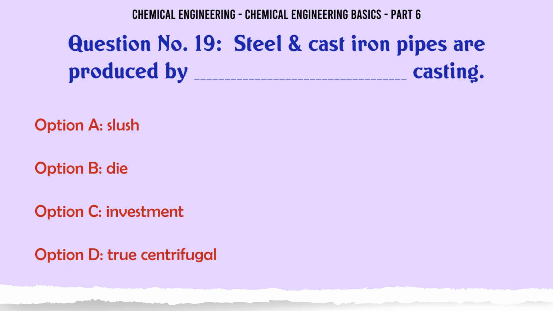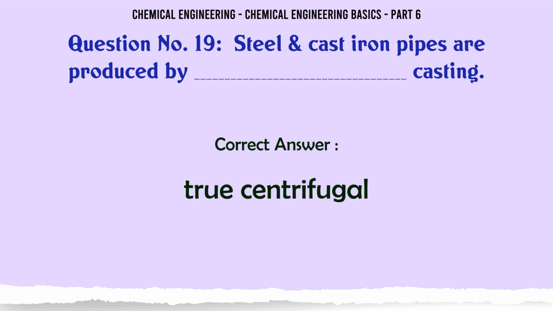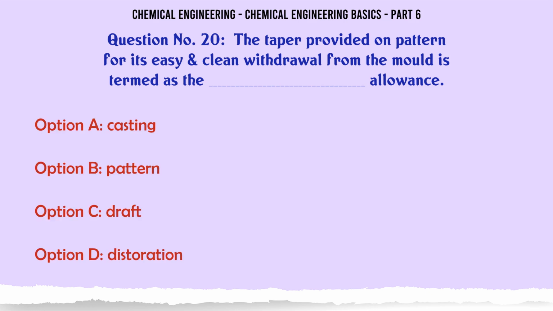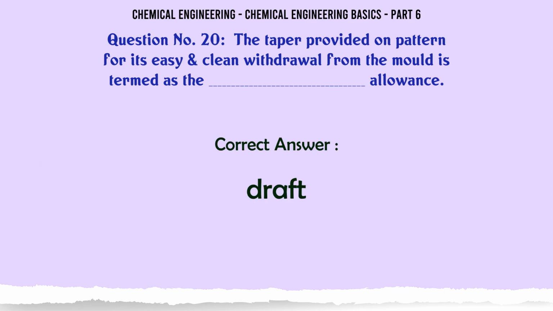D. True centrifugal. The correct answer is true centrifugal. The taper provided on pattern for its easy clean withdrawal from the mold is termed as the allowance. A. Casting. B. Pattern. C. Draft. D. Distortion. The correct answer is draft.